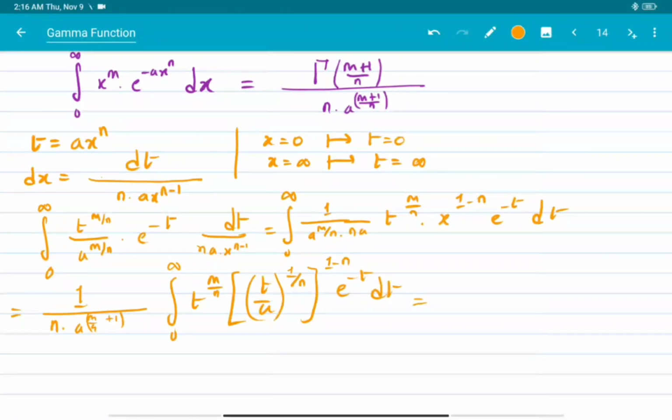Sorry, why have I written m over 4? It looks like it is n, but it looks like 4. Sorry, my handwriting is too bad.